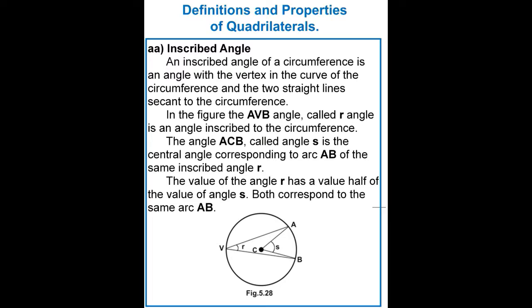The figure 5.28 shows a circumference with center C and 2 points on the curve A and B. The 2 points on the curve define the center angle S. But if from any point of the curve, for example point V, we draw two line segments connecting this point V to the points A and B, we will have an angle formed by two line segments called the angle R. This angle formed by the two line segments coming from the point V of the circumference we call inscribed angle.